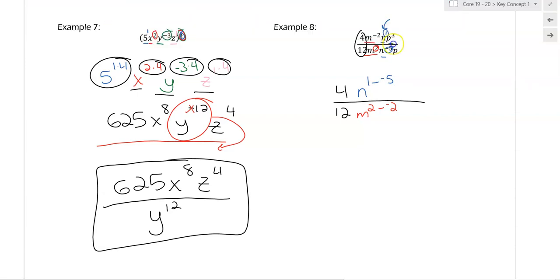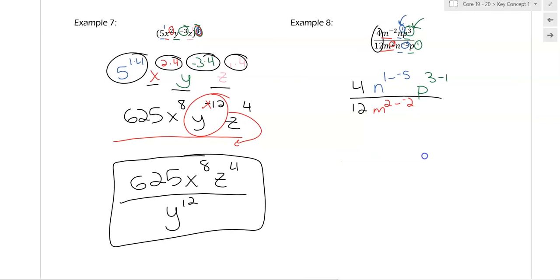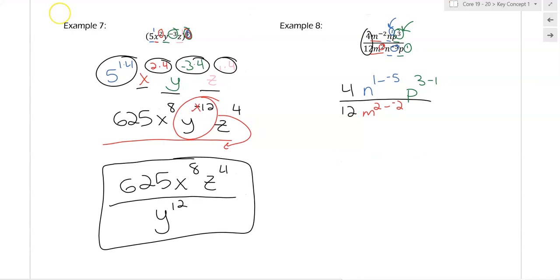And then we have p's with a 3 and a 1. This 3 is bigger. So p's are going to go up here. 3 minus 1. Using a calculator, 4 divided by 12 is 1 over 3. So when I draw my fraction bar, we're going to have 1 over 3 n. 1 minus negative 5 is 6.